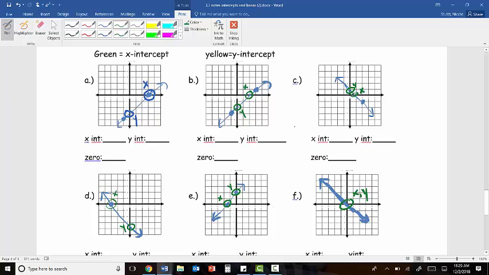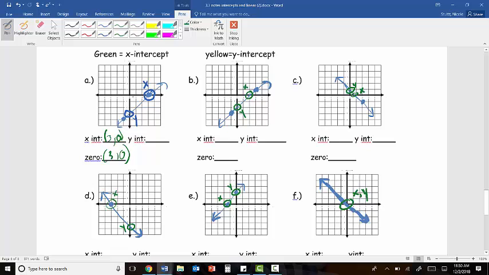So now we're just going to write the ordered pairs. Some of these lines aren't exactly perfect, so we might have to estimate, and that's okay. We'll just do the best we can. So the x-intercept looks like it's at (3, 0). So that means that the zero of the graph is also (3, 0).